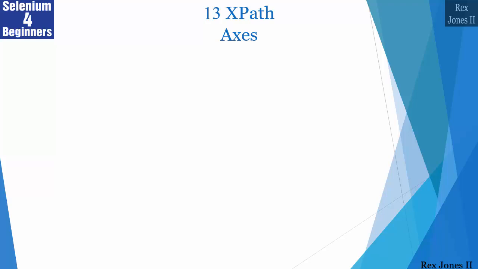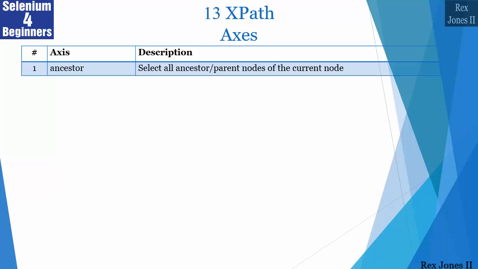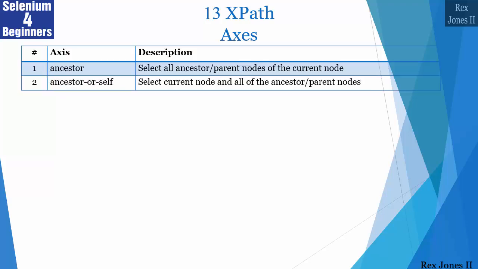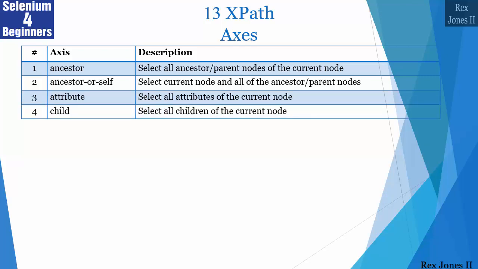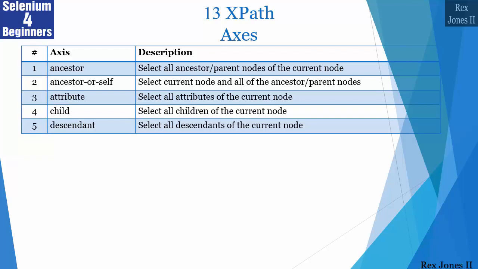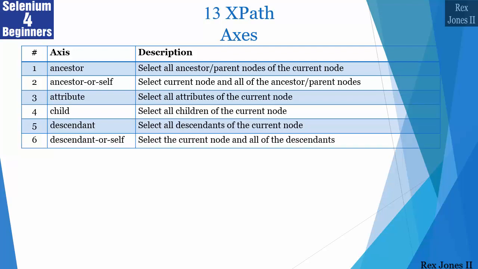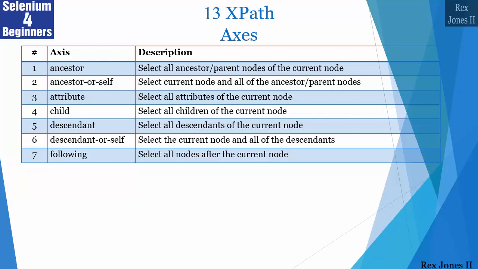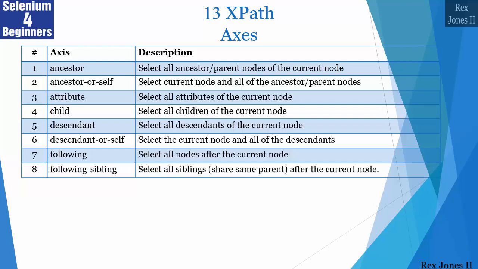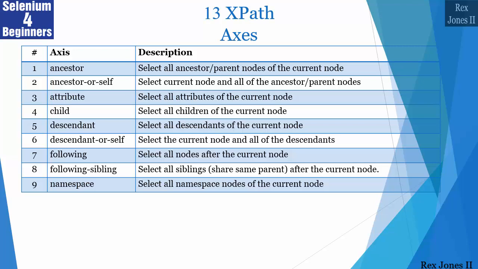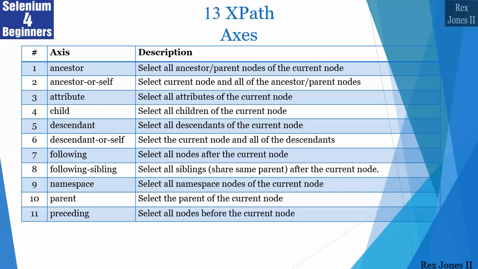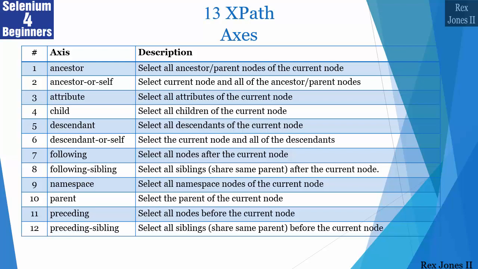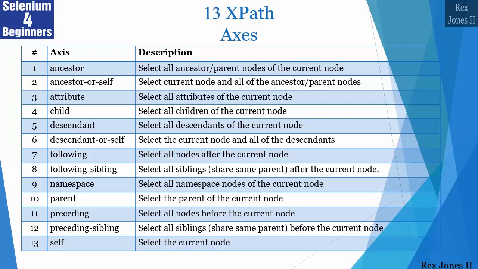In alphabetical order, the XPath axes are: number 1, ancestor; number 2, ancestor or self; number 3, attribute; number 4, child; number 5, descendant; number 6, descendant or self; number 7, following; number 8, following sibling; number 9, namespace; number 10, parent; number 11, preceding; number 12, preceding sibling; and number 13, self.